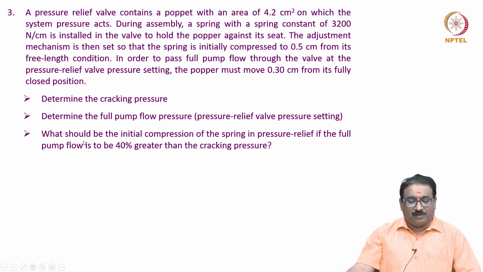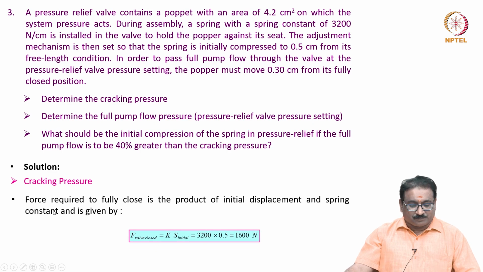Then third one is what should be the initial compression of the spring in the pressure relief valve if the full pump flow pressure is to be 40% greater than the cracking pressure. Okay, as usual, it is a poppet valve. We have to find out first the cracking pressure, determine the cracking pressure.